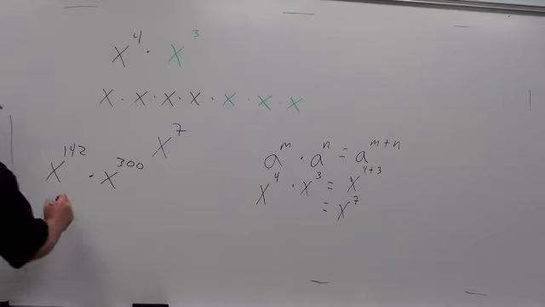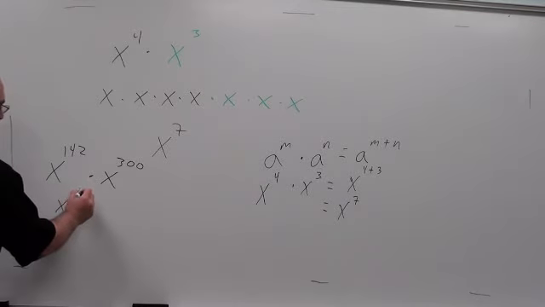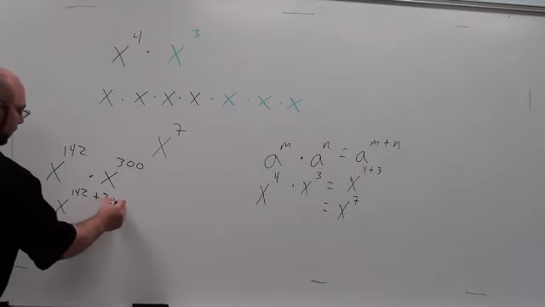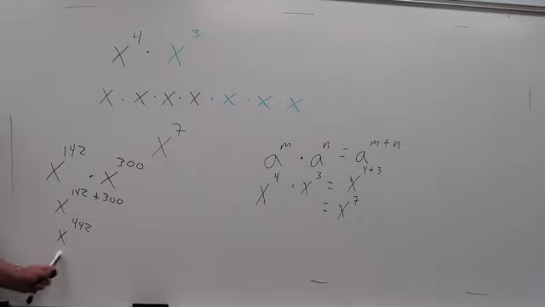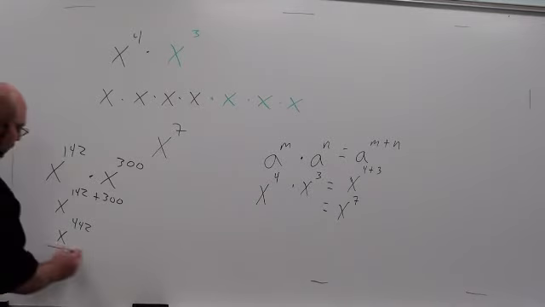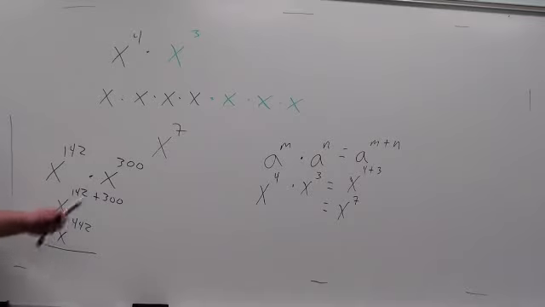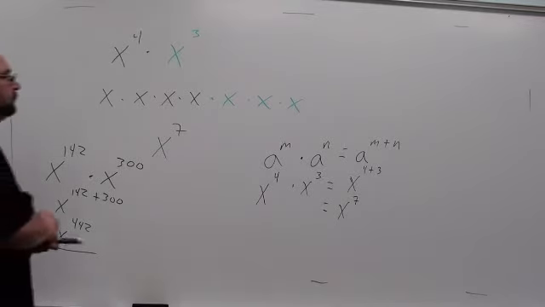So we simply say this is 142 plus 300, which is x to the 442, just like that. So once again, same base: when we're multiplying same bases, we simply add their exponents up. Real easy.